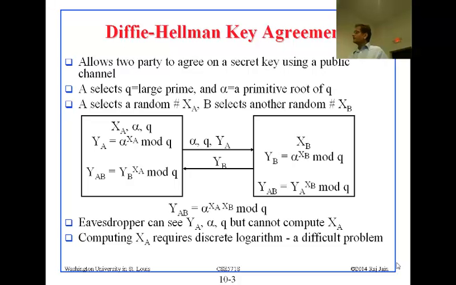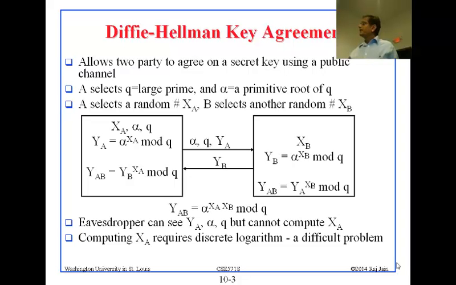And so the way it works is that A is the first party, and B is the other party. A selects a large prime Q and then selects alpha, which is a primitive root of Q. Some of you remember the primitive roots. We talked about primitive roots of 19. So Q is a prime and alpha is a primitive root.